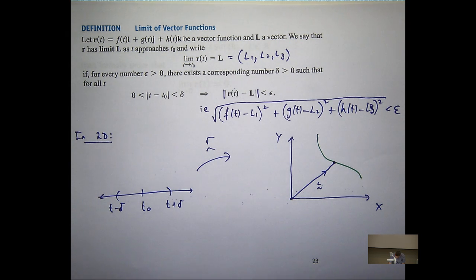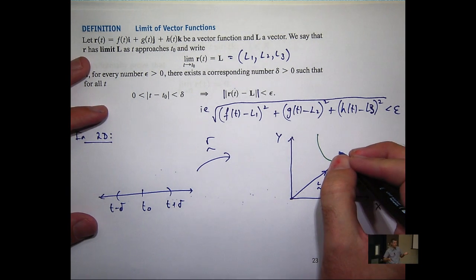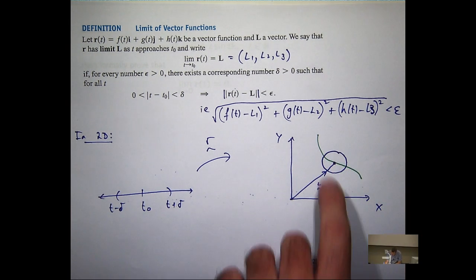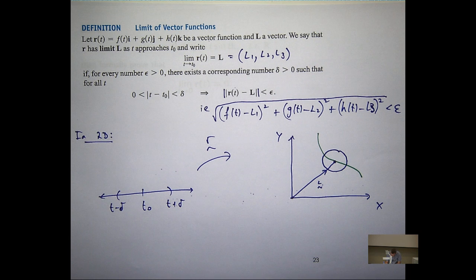Okay, now, and this is the important bit, if I draw any circle around this point here, let's just say it has an arbitrary radius, let's say epsilon.